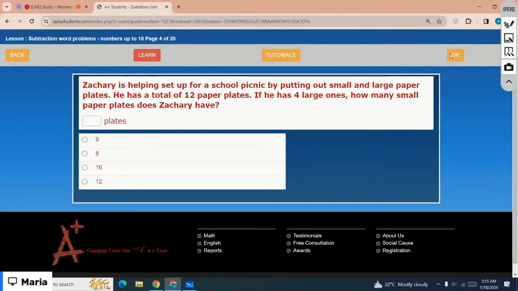The total plates were 12. 4 of them are large ones. You need to count the ones that are small. So which is the correct option?